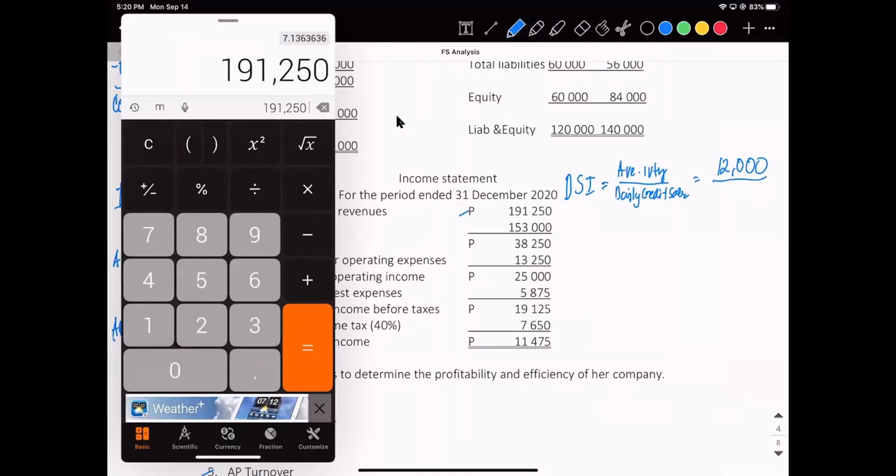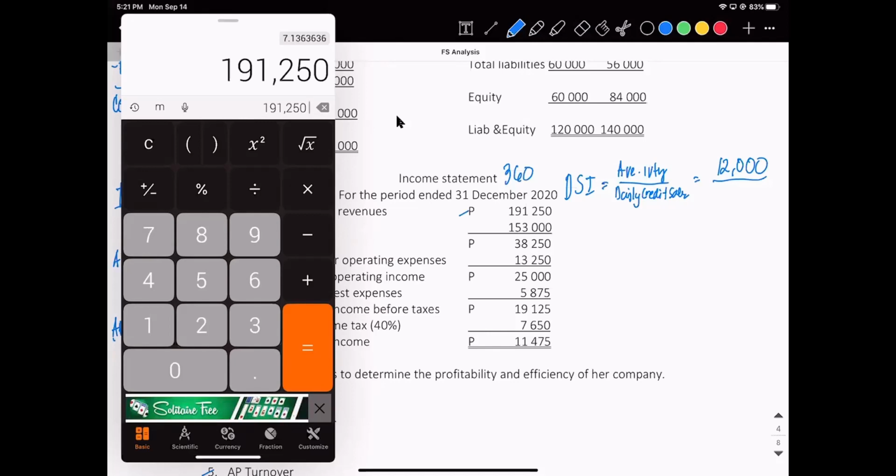Let's assume that there are 360 days in 1 year. Although, for examination purposes, it depends on what is given in the instructions. But for this discussion, let's assume 360 days.